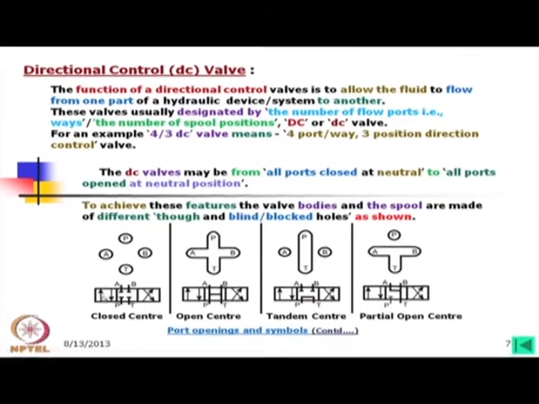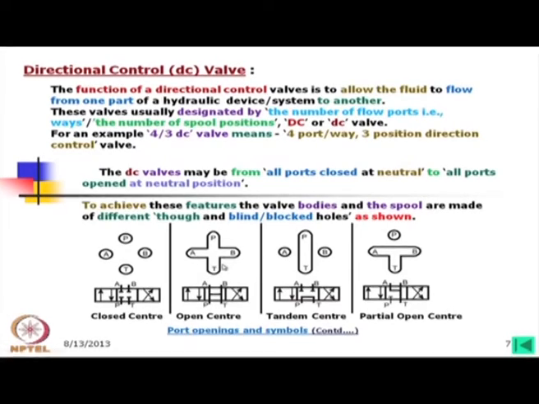When we come to the left hand side, the connections are like that. This directly indicates that if we move the lever or some actuator to drive this spool leftward, it is the straight connection P to A and B to T. If we move rightward, then P to B and A to T.